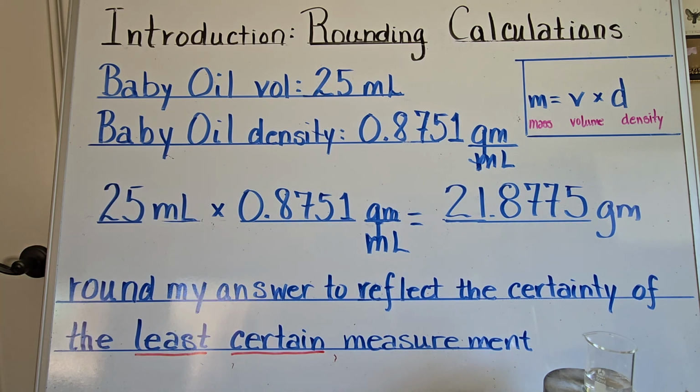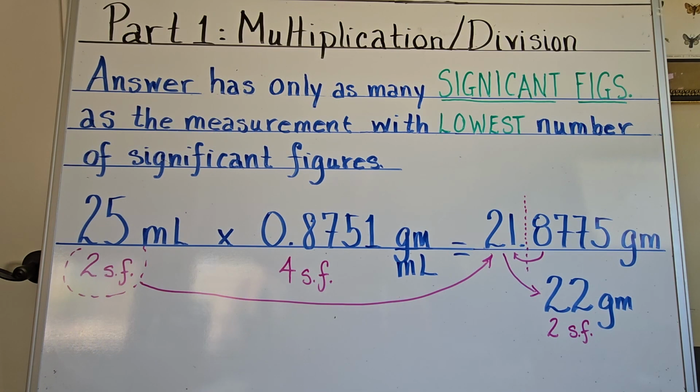Now we will formulate some rules to round our answers so that they properly reflect the certainty that they are due. In this class, we will deal with two different categories of calculations. One involving multiplication and division, and the other involving addition and subtraction. In later classes, these operations may be mixed, but not for this class.